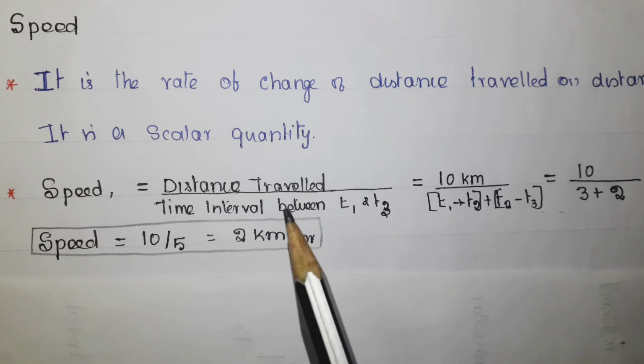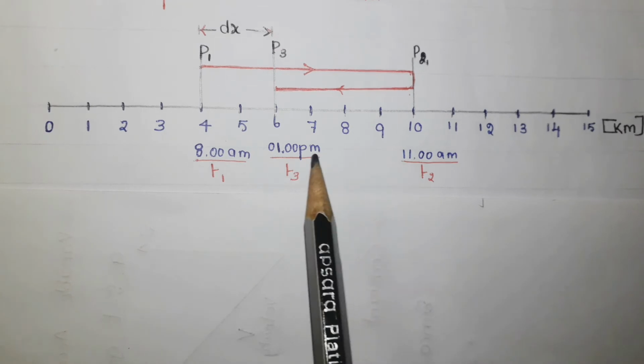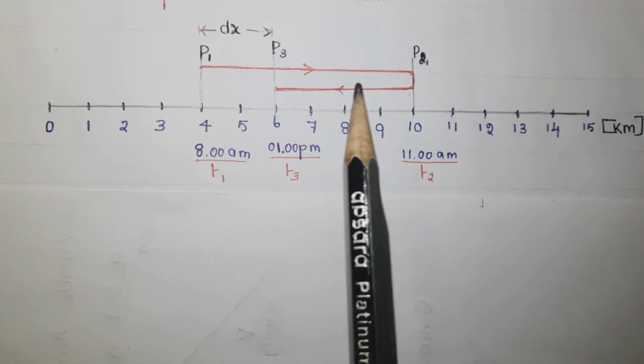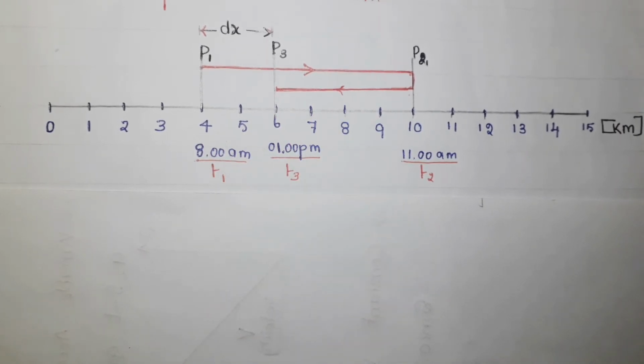If you go to the distance traveled, this is the distance traveled for the above graph, that is d equal to 10 km. For this graph the distance traveled is from P1 to P2 plus P2 to P3, so total it is 10 km.